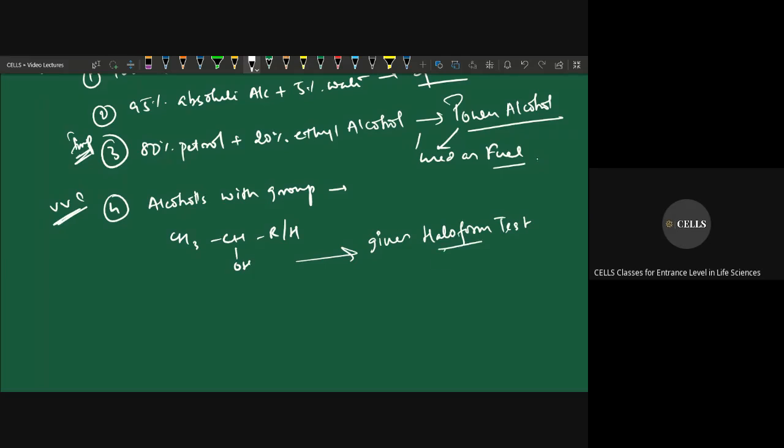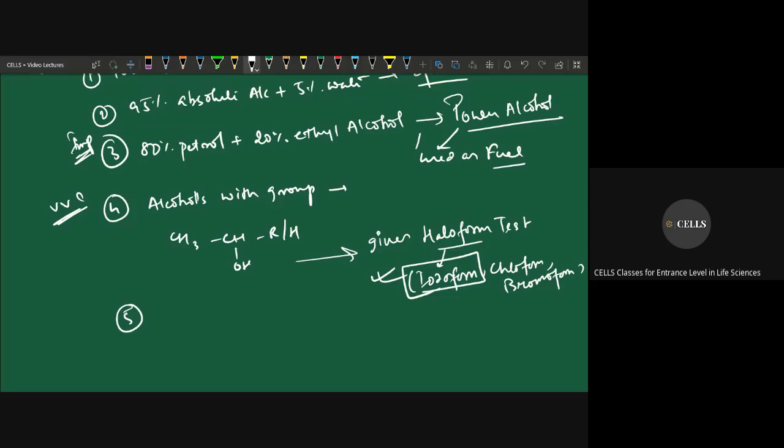Haloform can be iodoform, chloroform, bromoform, but most preferably iodoform is the important test. We'll discuss the haloform test in the next class.